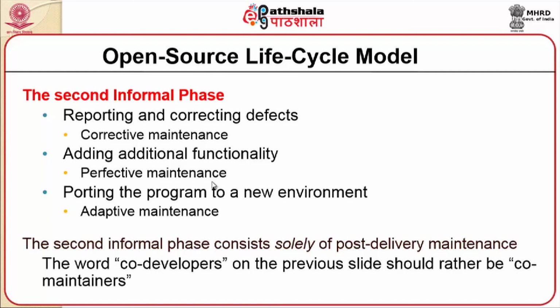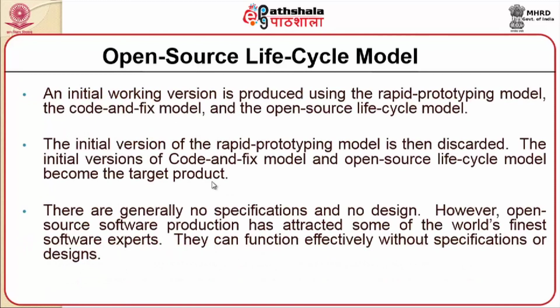Regarding the word co-developers: anybody who has developed on this project is involved, but during the maintenance phase, after it has been delivered, the people who work on top of what has been given are called co-developers. On the previous slide, they should rather be called co-maintainers also, because they develop and they also maintain what has been delivered already.